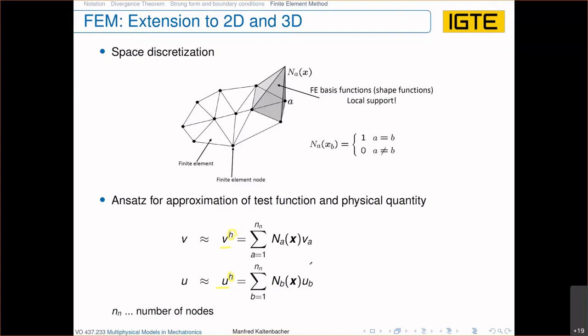And actually we are really interested in the coefficients of the unknown u, which are these so-called ub.